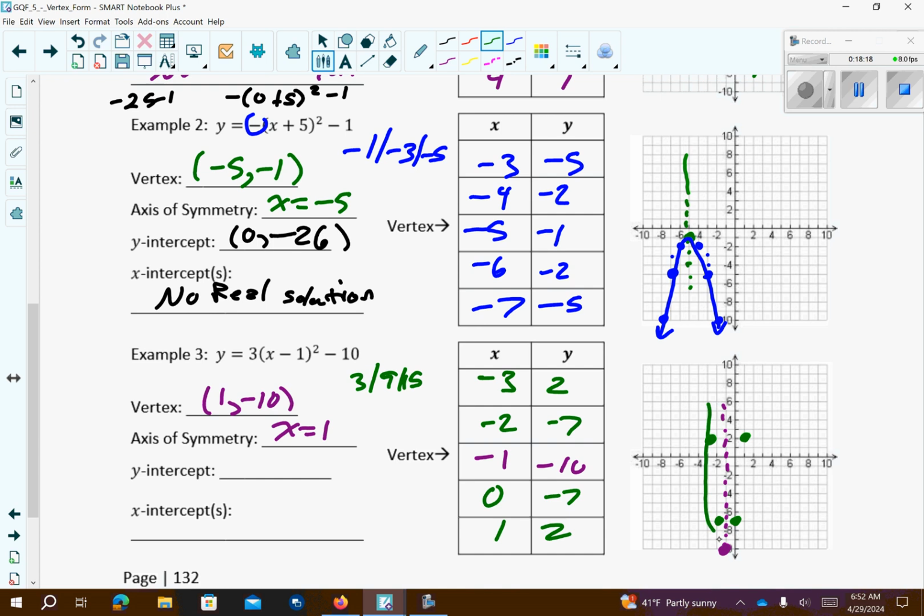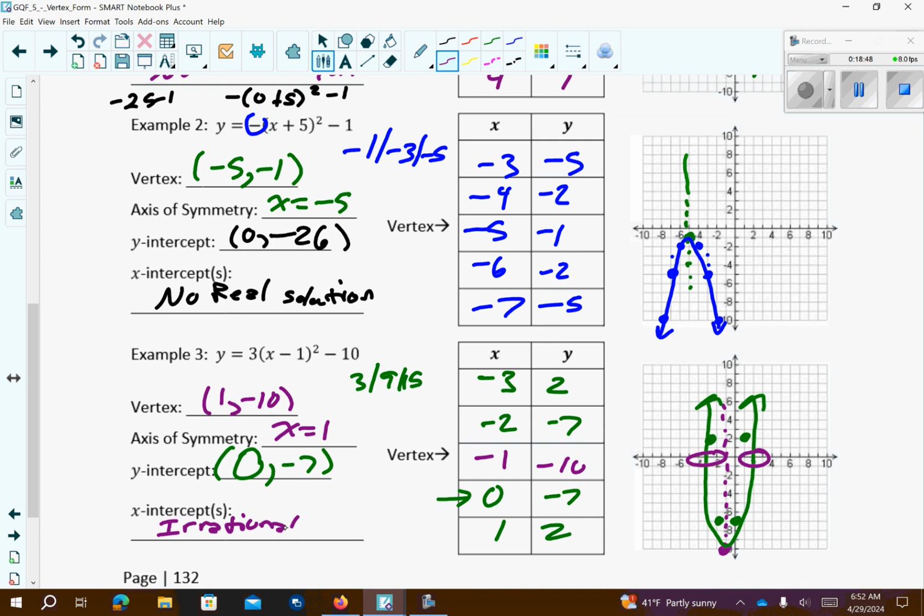So there's our parabola. Oh, I drew that ugly. Y-intercept right there, so 0, -7. The x-intercepts, so we take a look. It does indeed cross, but these are called irrational because you would use the quadratic formula on that. It would be tough, but you could do it. You're going to get some weird square roots.